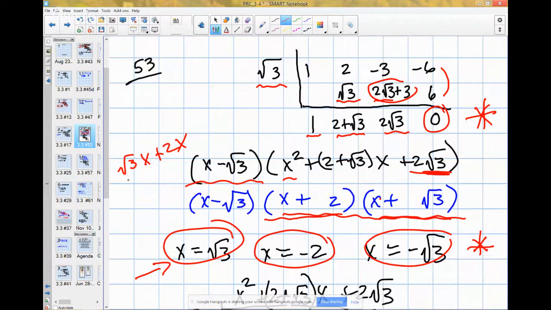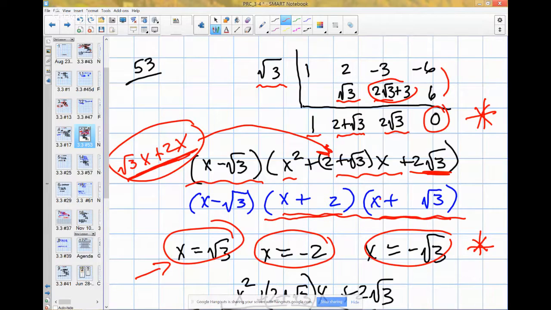Well, look at these two terms. I could have put this right here. But if you look, you could take an x out of that, and do you see that's the same? Yeah, so you probably would have been fine if I'd written it like the one on the left, but it's really the same thing.